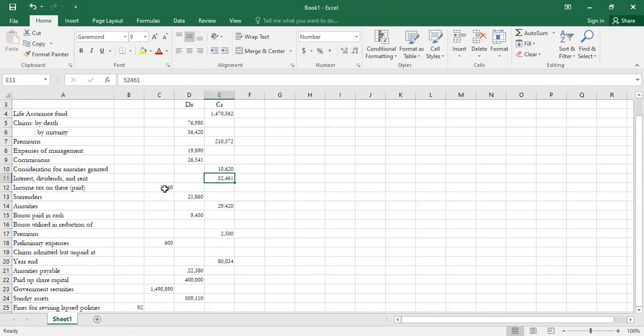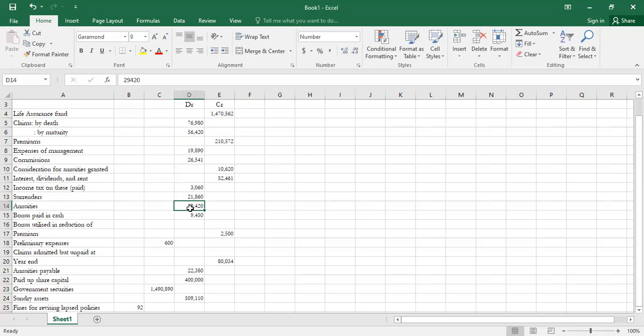Then I have income tax, an expense. I'm going to debit. Then I have surrenders, an expense, debit. Then I have annuities. Annuities are an expense, so you are going to debit them. We said that annuities are the periodic payment that will be paid every month.